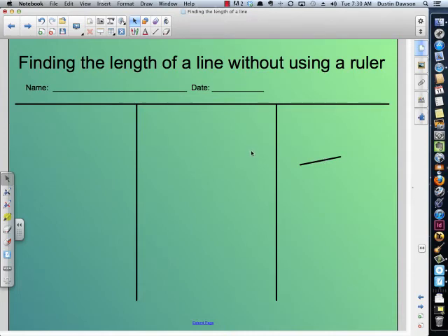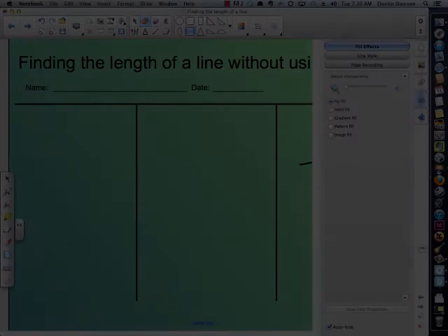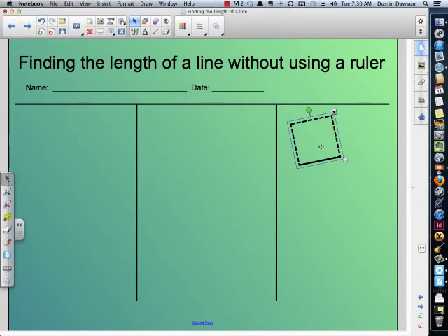So what we first have to know is the area of the square that would make that line one side of that square. So now we've got this square that has that line length as one side of the square.